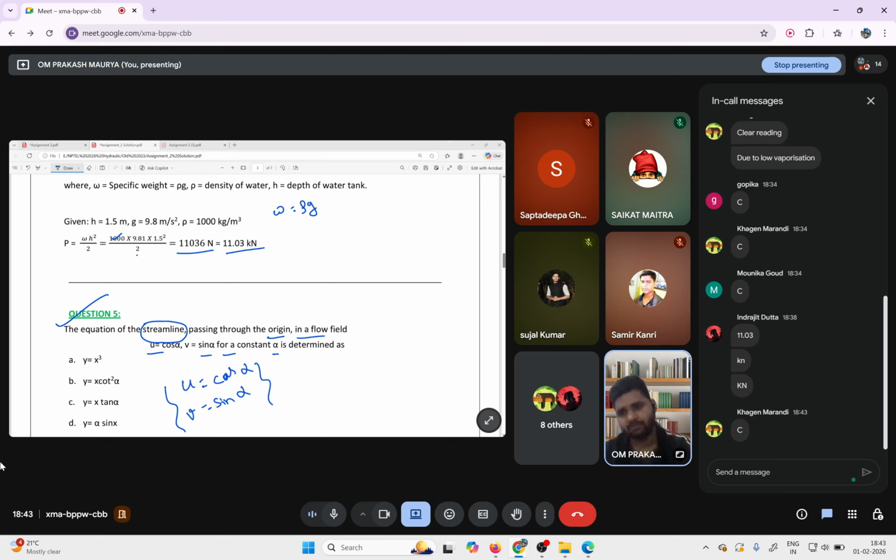Okay, option C is telling y is equal to x tan alpha. Again, y is equal to x tan alpha. Okay, I am expecting from other students also.